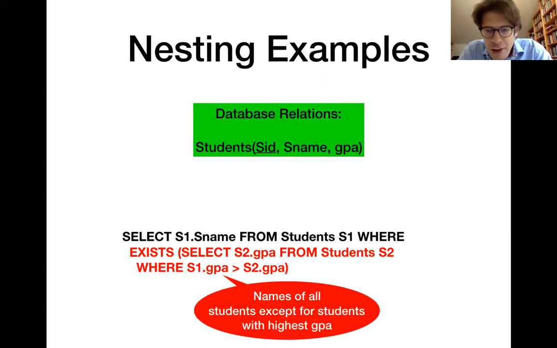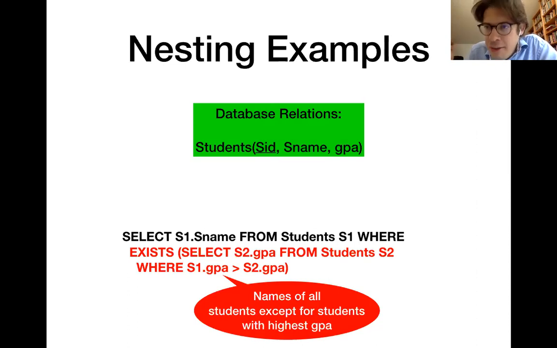Now, here, for instance, we have another example. So here again, we are comparing students, and we use a correlated subquery. So here in the outer loop we iterate over the students again. And then for each fixed student in the outer loop, we check whether the result of this correlated subquery is non-empty.